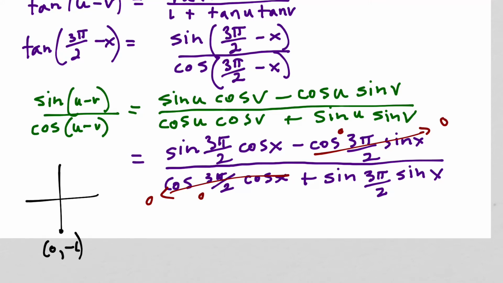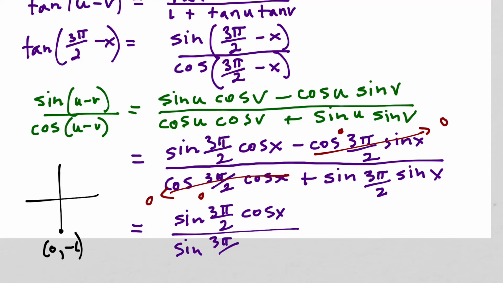So now in the numerator we have sine of 3 pi over 2 times cosine of x. That's all we have left. And in the denominator, sine of 3 pi over 2 times sine of x. Sine of 3 pi over 2 is minus 1, so I'm going to substitute minus 1.